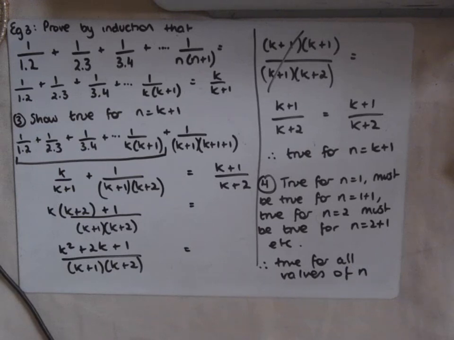If it's true for n is equal to 2, it must be true for n is equal to 2 plus 1, etc. So on, so on. Therefore, it's true for all values of n.